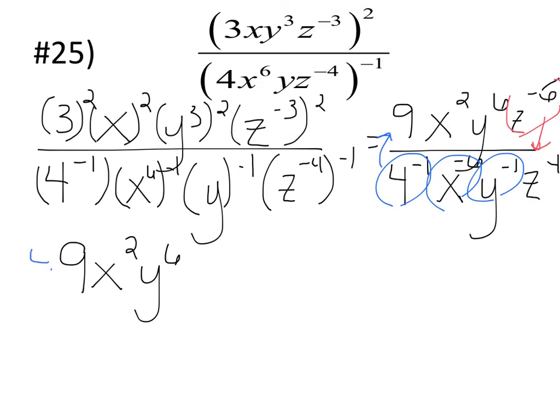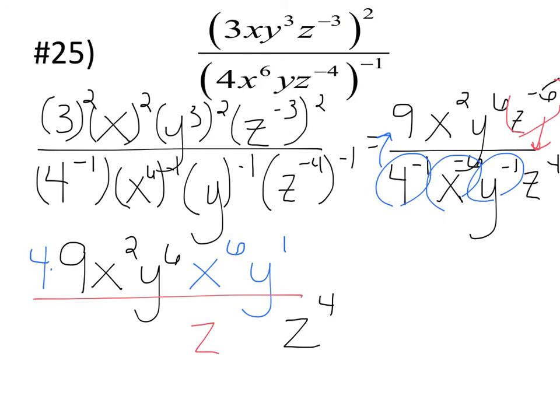So times 4 times x to the 6th and times y to the 1st. And then in the denominator we have z to the 4th is already there. And we're going to bring down, what is that, z to the 6th? And is that it?